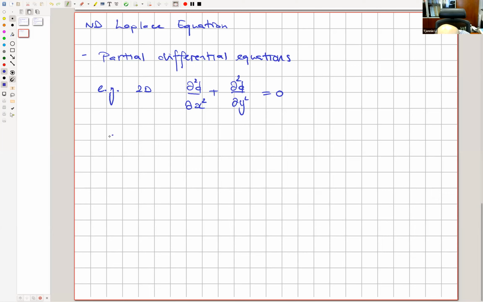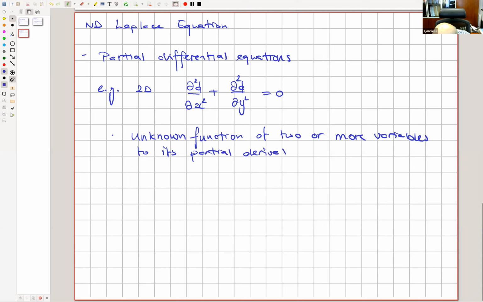So this indeed relates an unknown function of two or more variables to its partial derivatives.